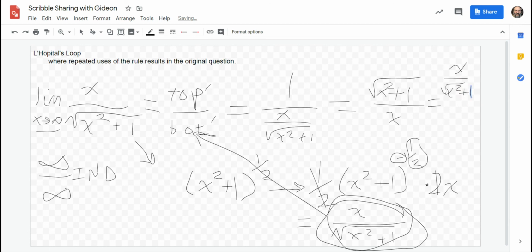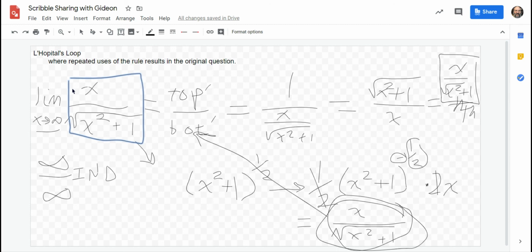And the bottom, just the derivative of x, that's 1. And now you go, oh, right, division by 1 is like doing nothing. So I am back to the original. This and this are the same thing. So by going twice, I came back to the original.